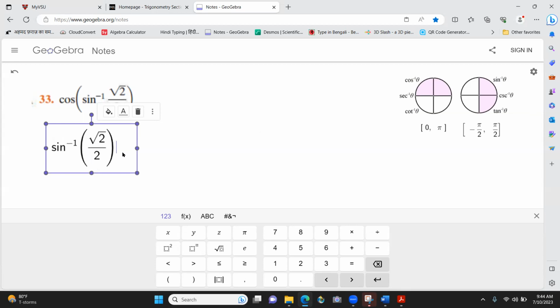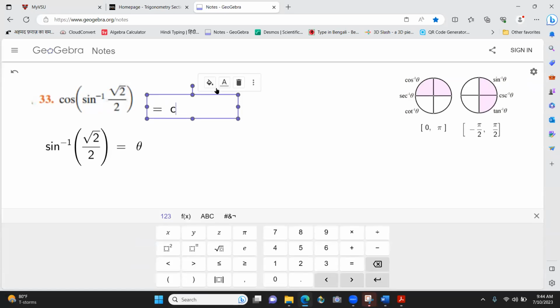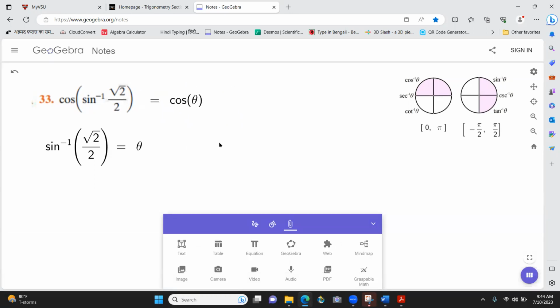All right, I'm going to say this guy is theta. Now, if this guy is theta, the top now becomes, what does it become? It becomes cosine theta, right?